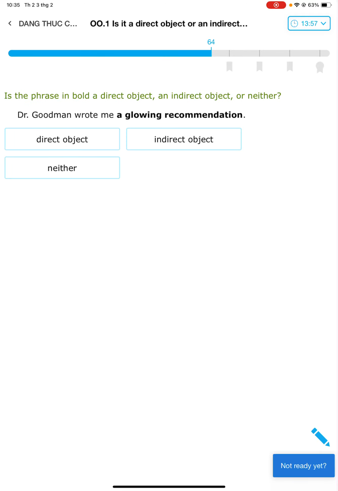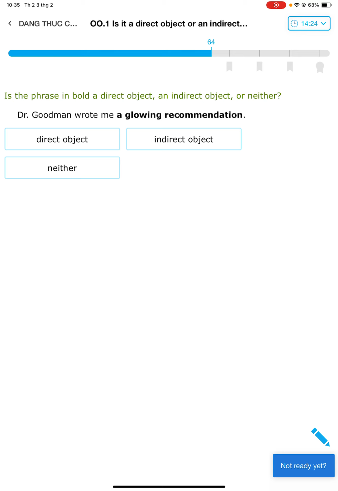Mr. Goodman wrote me glowing recommendations. Okay, wrote is a verb, so let's ask a question. What is Mr. Goodman writing? He is writing glowing recommendations. So here, glowing recommendations would be a direct object because it is what Mr. Goodman is writing.